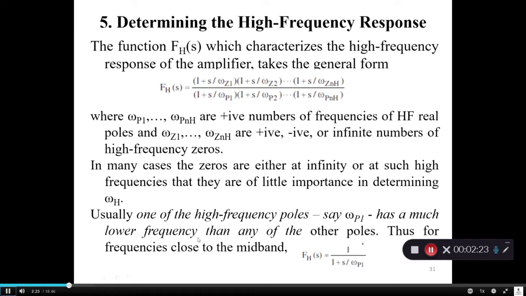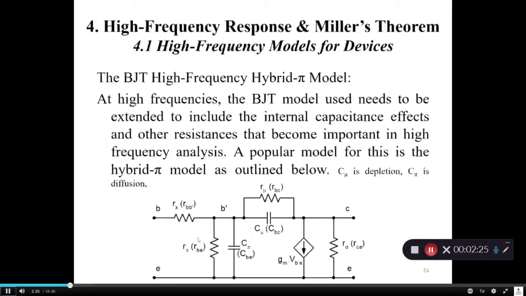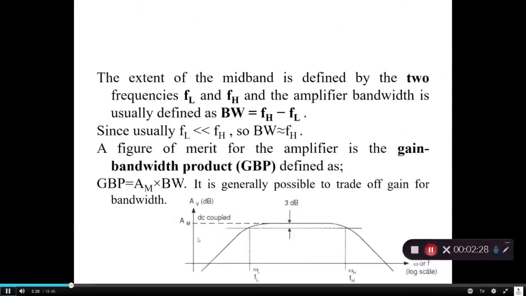What is the meaning? I am showing you with the help of a graph. There are many high frequencies that can exist according to the poles or zeros diagram. It may be here, maybe here, maybe here, but we are more concentrated on the frequency which is just near the minus 3 dB point, exactly touching the minus 3 dB.